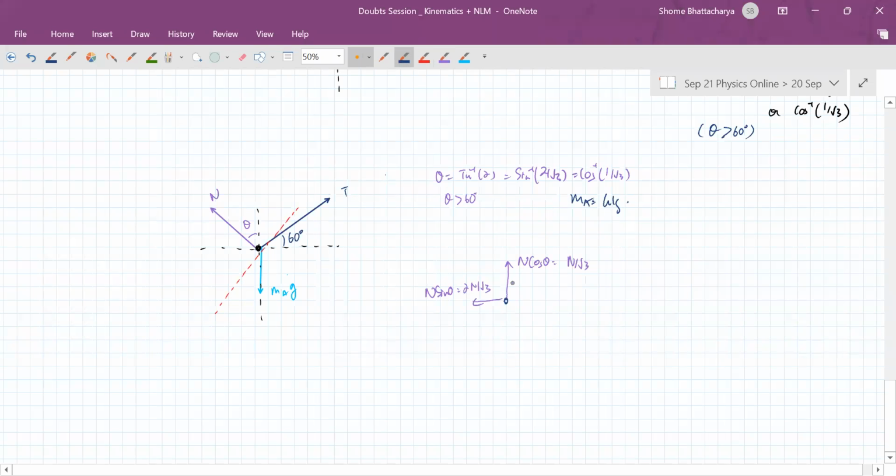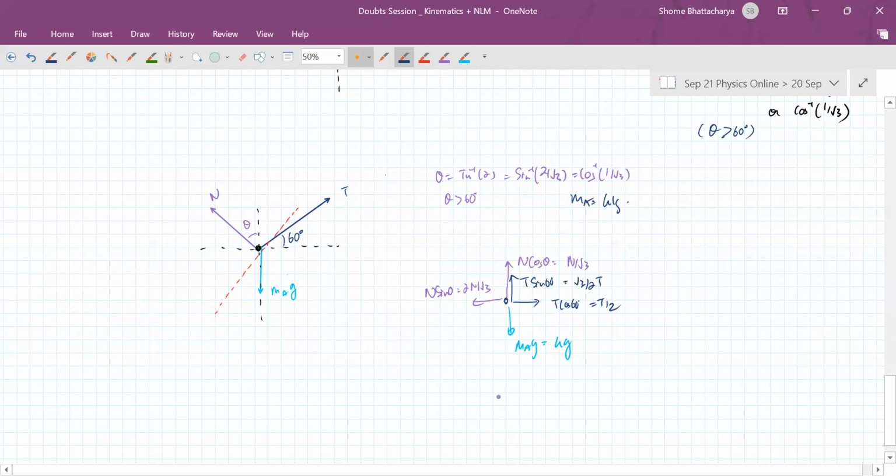Then you take tension's components. So this becomes T sin 60, so root 3 by 2 T. And this becomes T cos 60, or T by 2. And you have weight 4g.